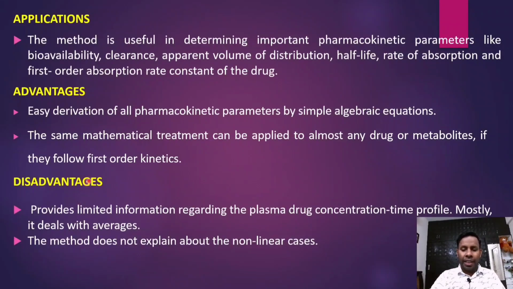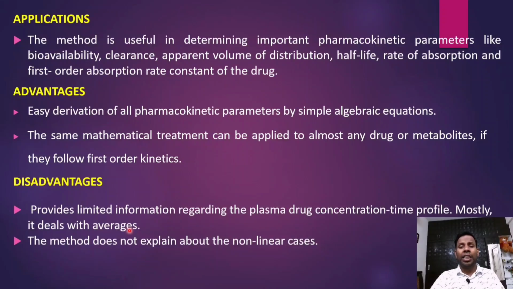Then what are its disadvantages? It provides limited information regarding the plasma drug concentration time profile. Mostly it deals with averages. Here we will not get exact data, it is dealing with averages and there is no information regarding plasma drug concentration versus time. But in the compartment model we know at each time how much drug is there in plasma, whereas here it deals with the average.